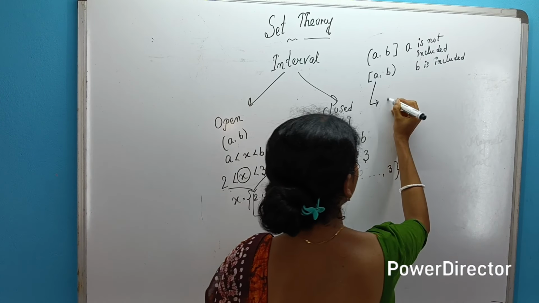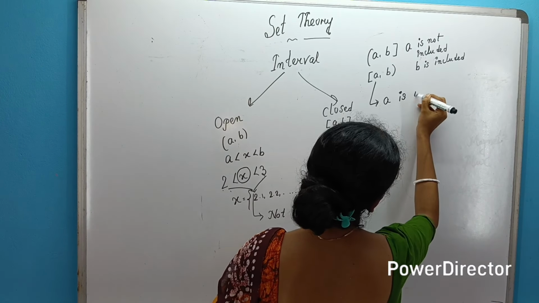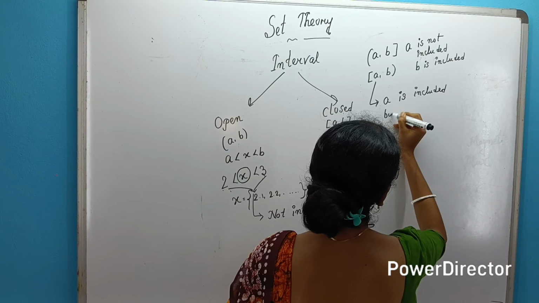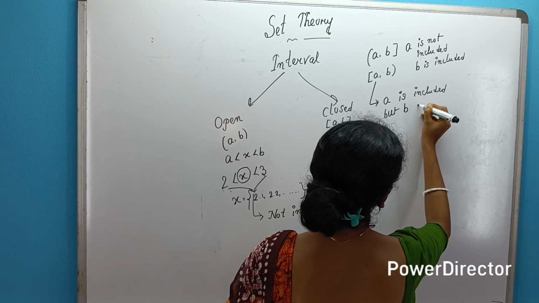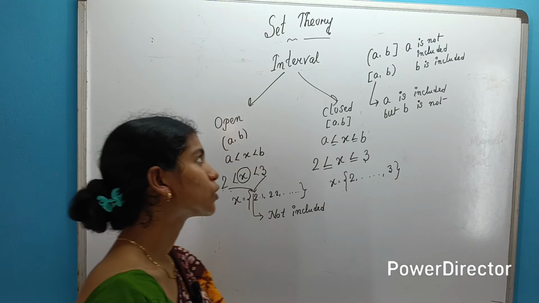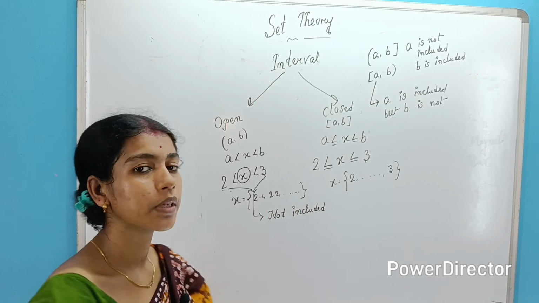This means a is included but b is not. So this is called a semi-open, semi-closed interval.